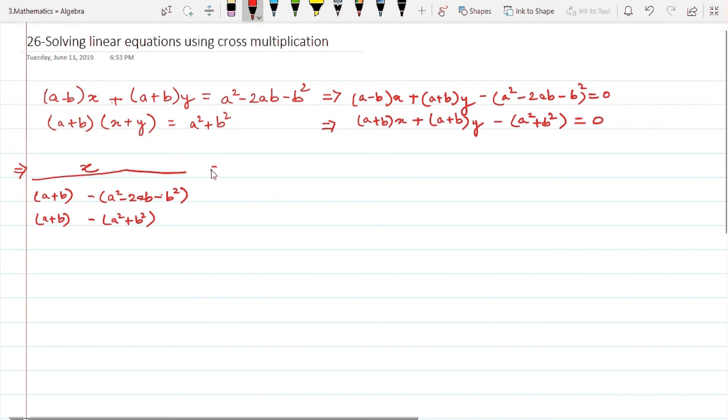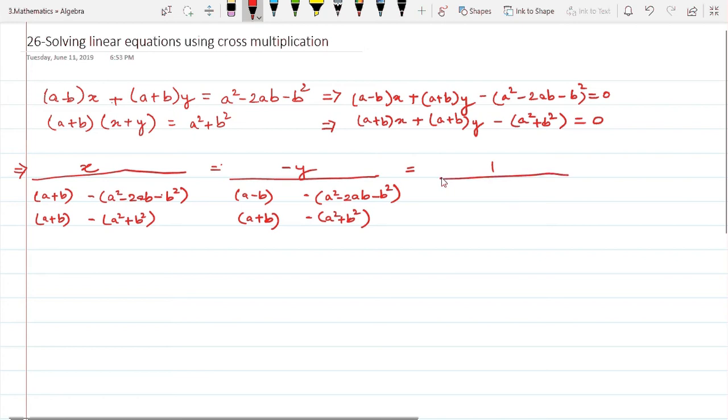Now for y it will be minus y divided by a minus b, a plus b, and this will be minus a square minus 2ab minus b square, minus a square plus b square, and this whole thing will be equal to 1 divided by a minus b, a plus b, a plus b, a plus b.